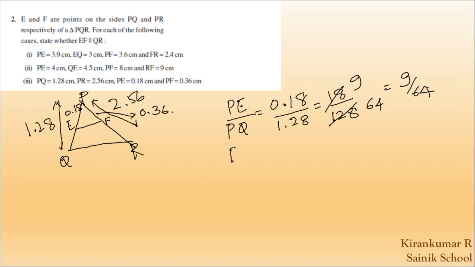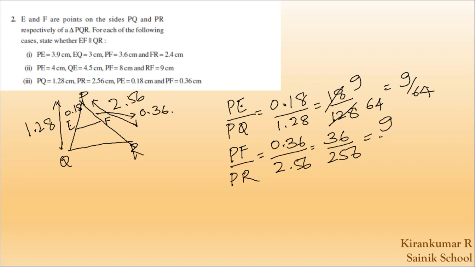And if I consider PF upon PR, this will be 0.36 divided by 2.56, which is 36 upon 256. 4 nines, 4 sixty-fours, we get the same ratio here. PE upon PQ is equal to PF upon PR.